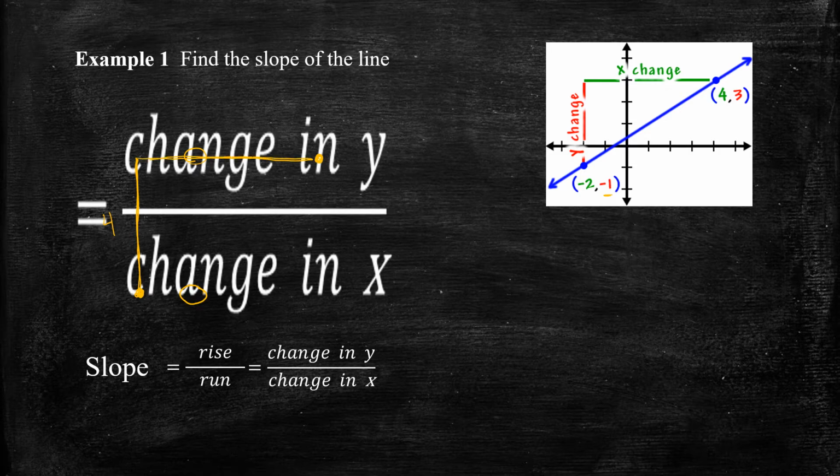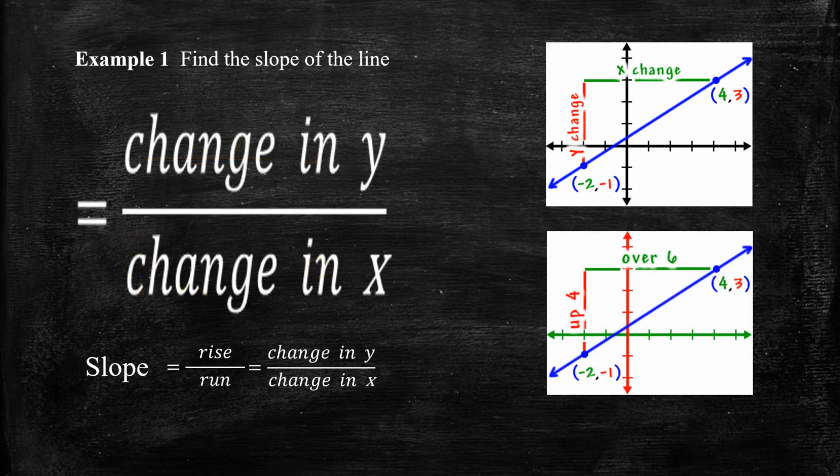How far do we go to get from -2 on the x-axis over to +4? If you count them, you'll see that that is 6 units. So we went up 4 and over 6. Rise over run would be 4 over 6, which reduces to 2/3.